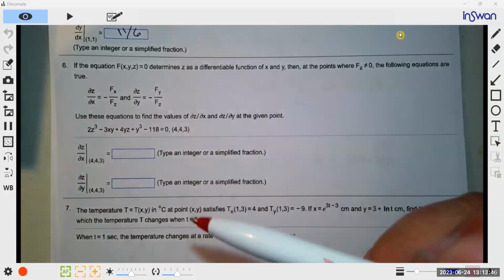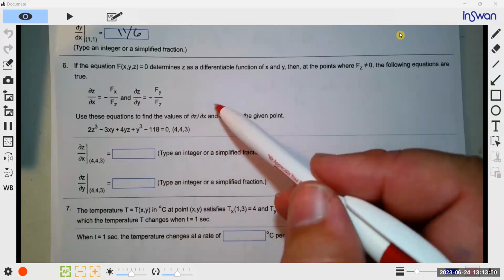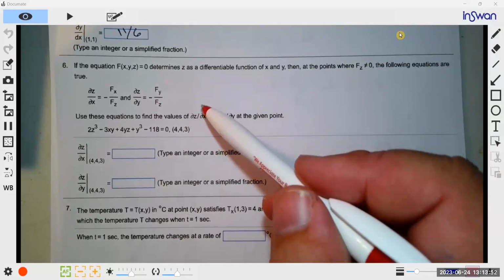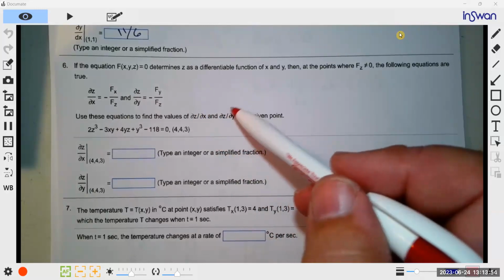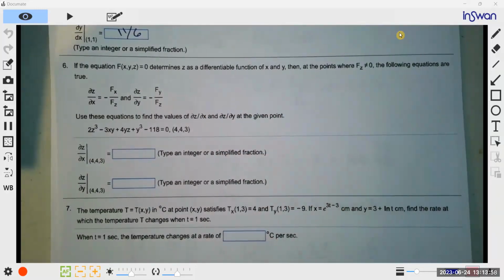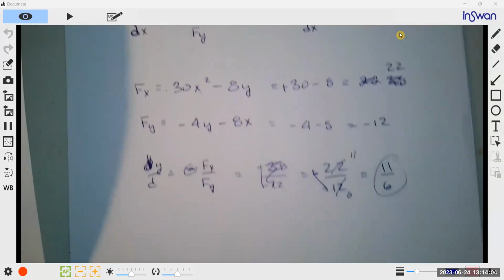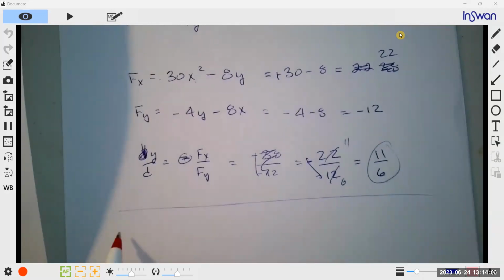Okay, that's what we just did up top. Use these equations to find the values of partial z partial x and partial z partial y.